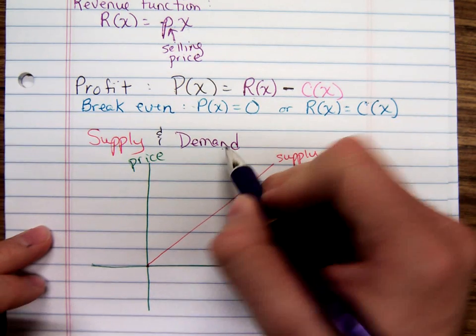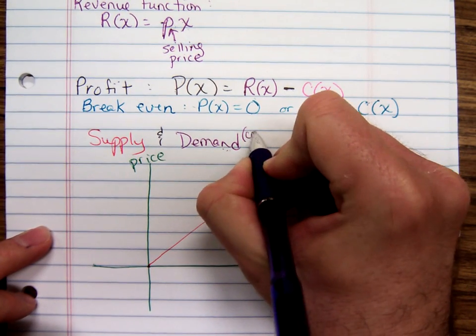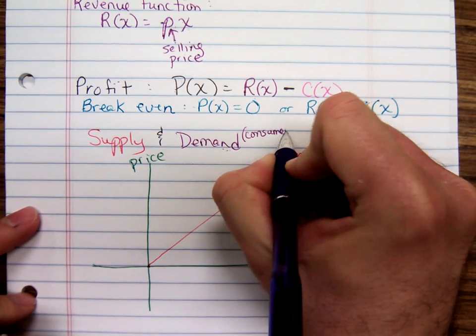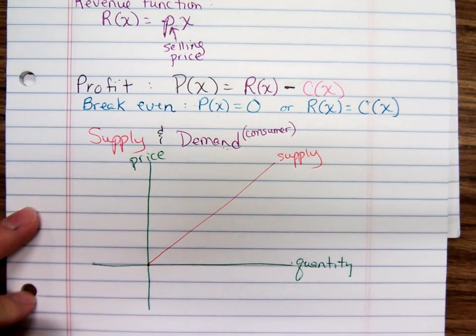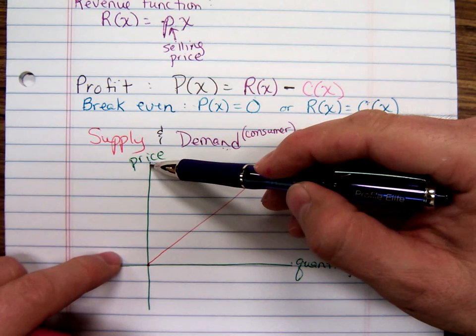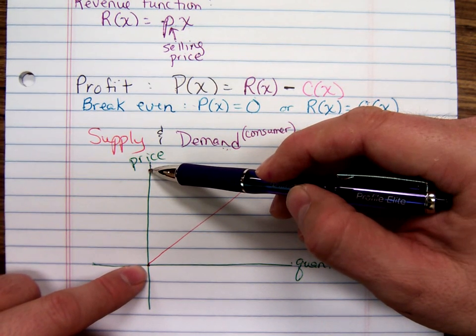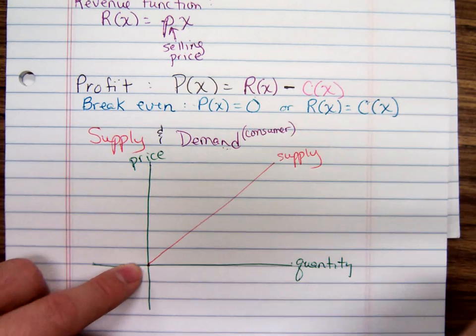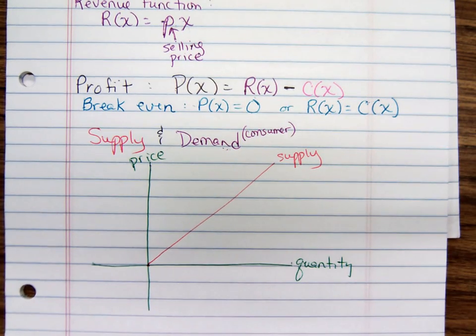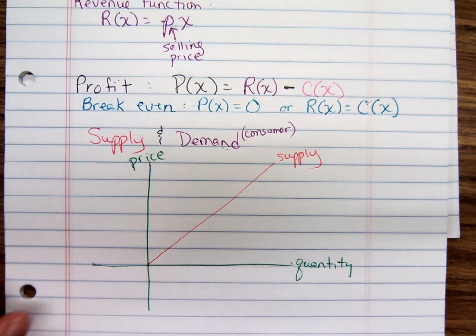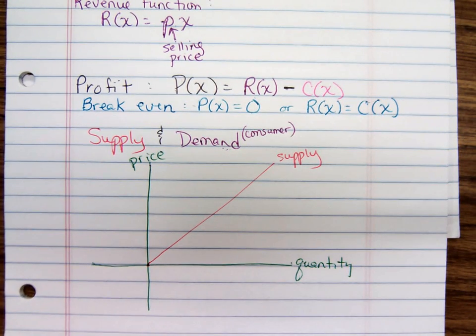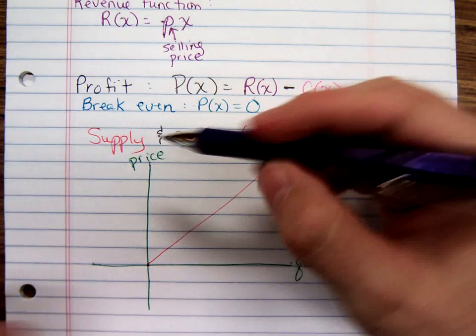That's you out there. The consumer, when the price is real high, no one wants to buy it. Suppose you walk past a Coke machine and they had a sign, Coca-Cola's for $10 million. You're not going to buy it. Most people wouldn't pay $10 million for one Coca-Cola.